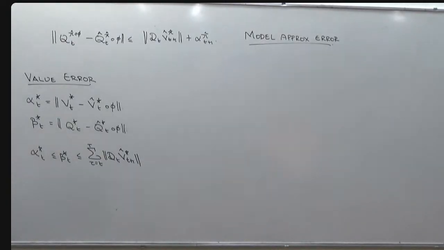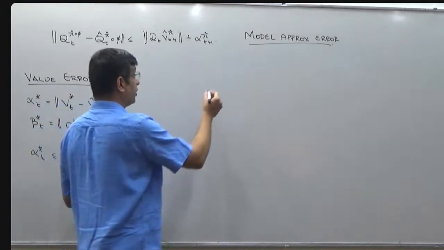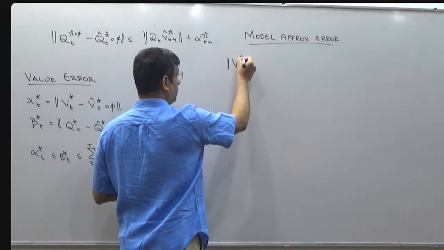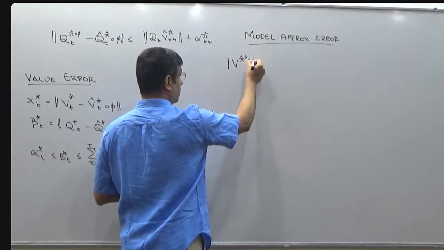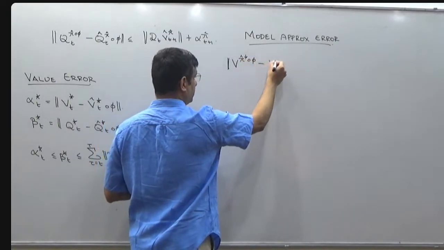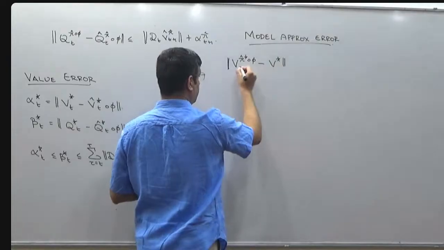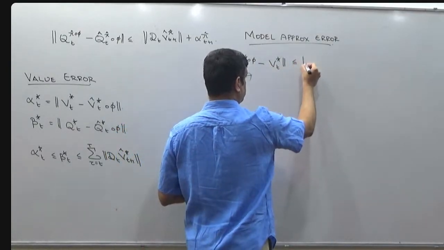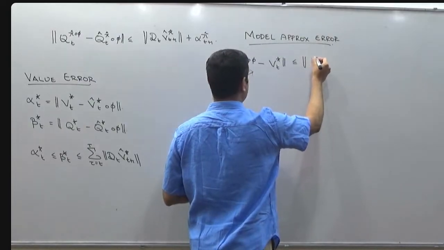And in the model approximation error, I am going to ask what happens to V pi hat star composed with phi minus V star. As before, I am going to use the triangle inequality.